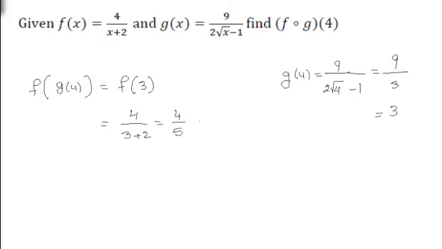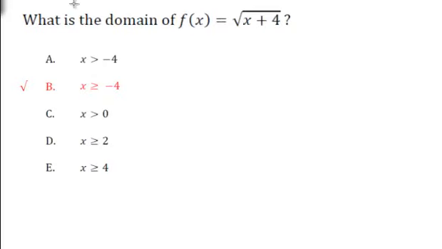Okay? Good. Resume. What is the domain of the function f of x equals radical x plus 4? Let's see this. Now we know that we have two cases we studied till now, or mainly 3 cases or 4 cases, but 2 of them are similar.